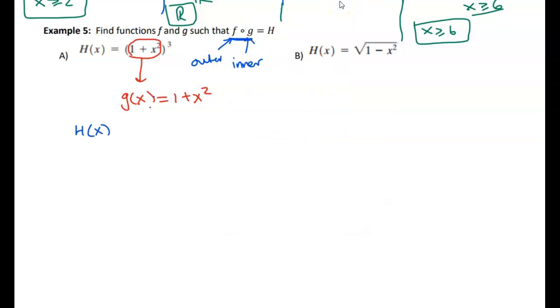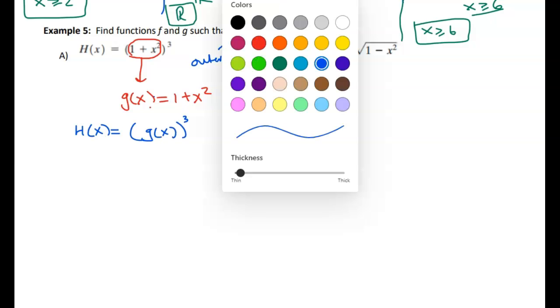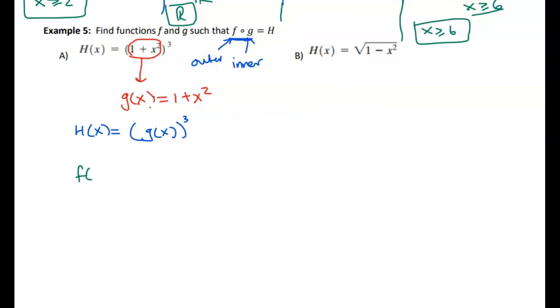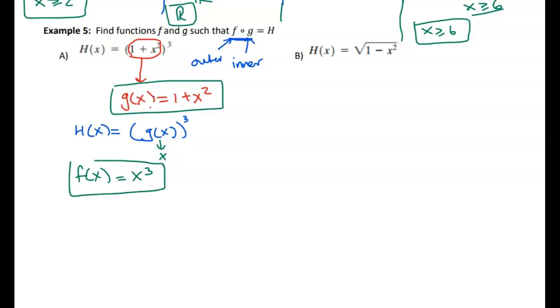Then h of x equals g of x cubed. To find f of x, you're going to replace g of x by x. So basically, we're doing things backwards. So f of x is going to be x cubed. So this is my pair of functions. g is 1 plus x squared, and f is x cubed.